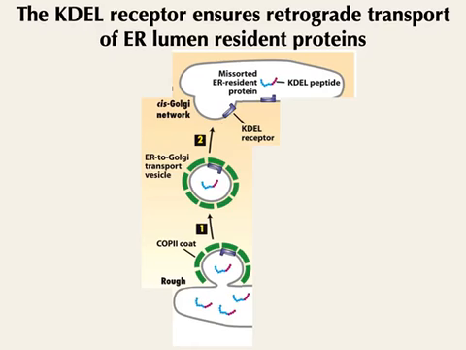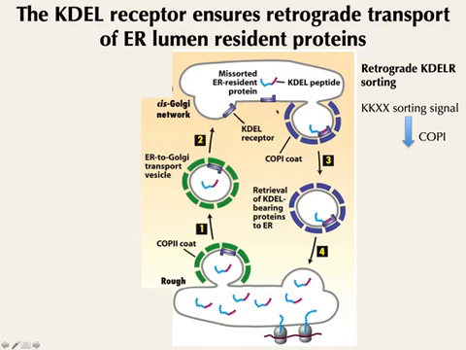But the receptor is. Now what happens is on the cis Golgi, now there is an interaction, right? So now the packaging of the ER resident protein is specific. It's specific and it's mediated by interaction with the KDEL receptor.